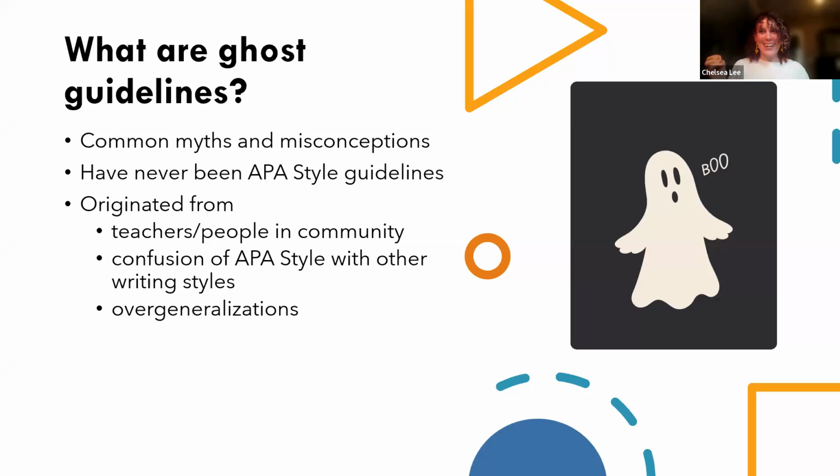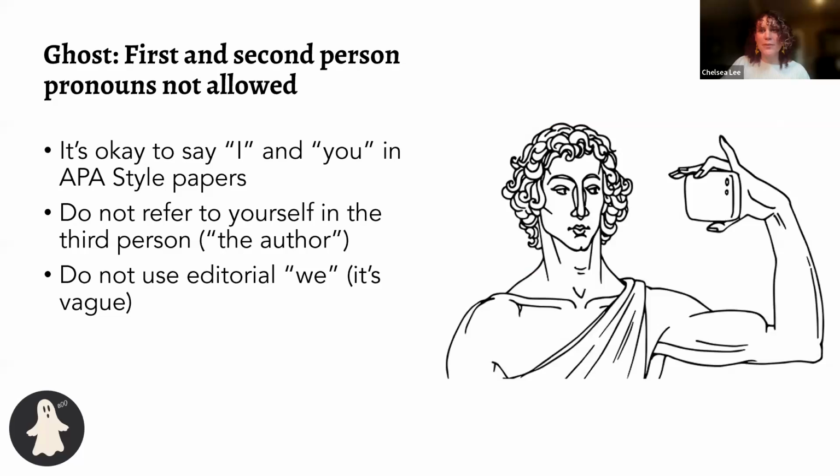And so remembering exactly which writing style the guidelines go with is definitely key. And last, some of the ghost guidelines happen because of overgeneralizations, that maybe there was something very specific and then people try to extrapolate that when it's not necessarily extrapolatable. So let's dig in to some examples.